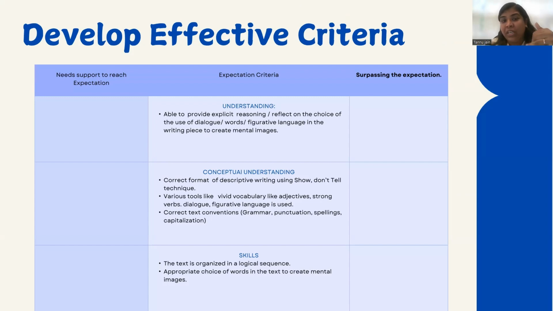So basically the reasoning from the craft report, I can see the reason why I have chosen that dialogue, words, and figurative language. Content, I'm looking at the choice of words, the adjectives, and things like that. And the skill is the organization. So as I say, I'm using understanding, I'm using content, and I'm using a particular skill. This is how I design it.